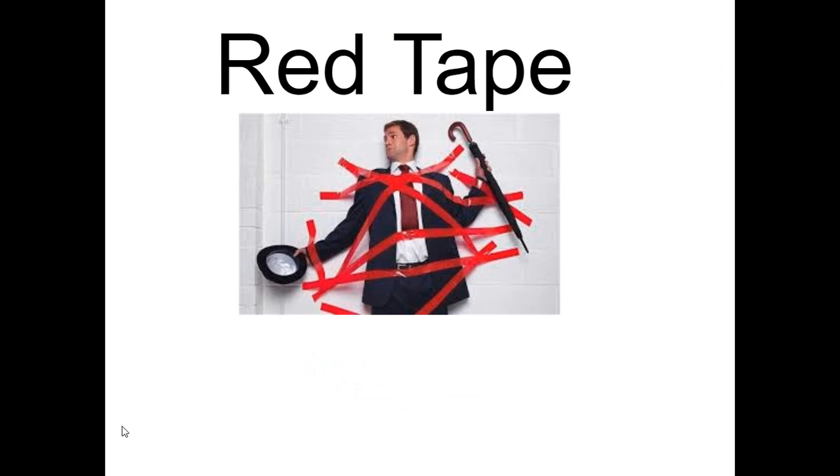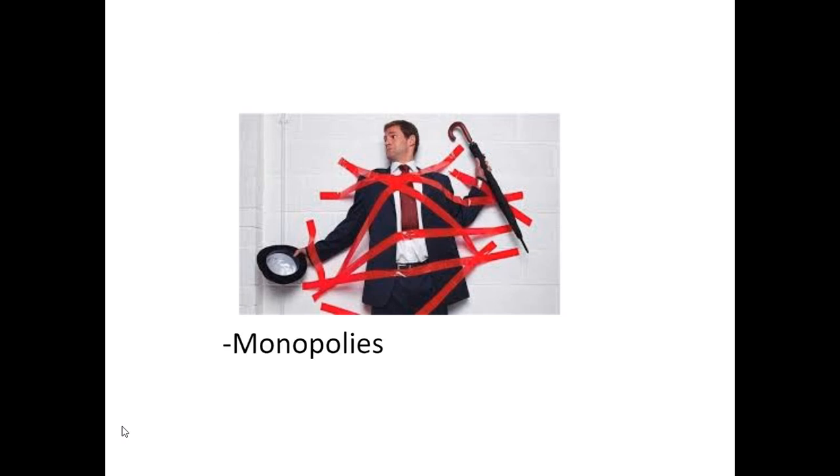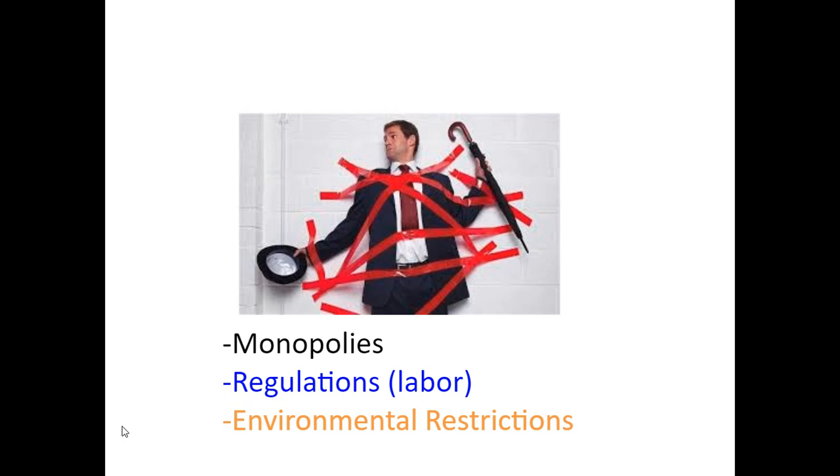That often comes in the form of red tape or laws or regulations telling businesses what they can and can't do. Examples of that would be regulating monopolies, stopping mergers, adding laws to protect workers, like minimum wage, safe equipment in factories, environmental restrictions.